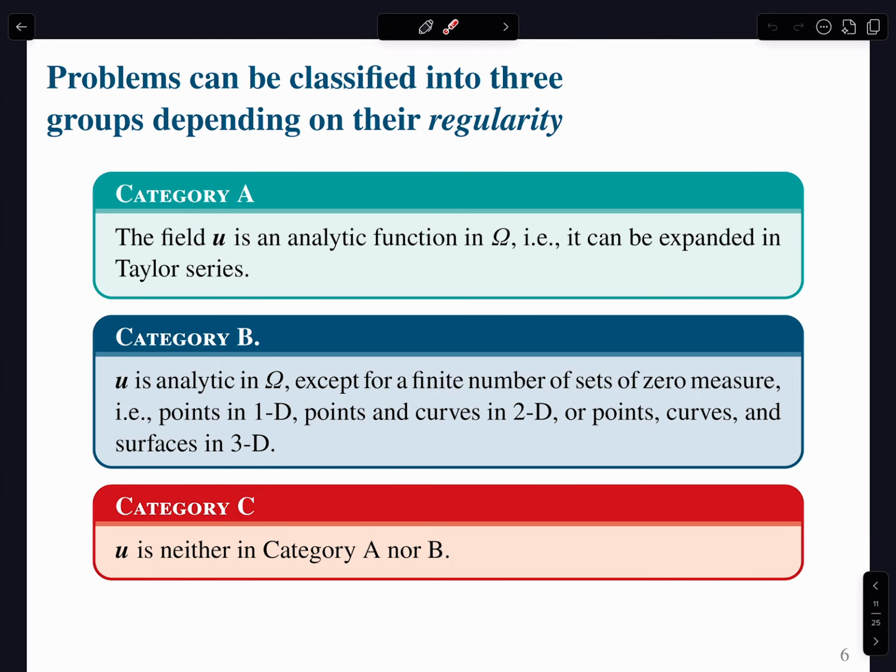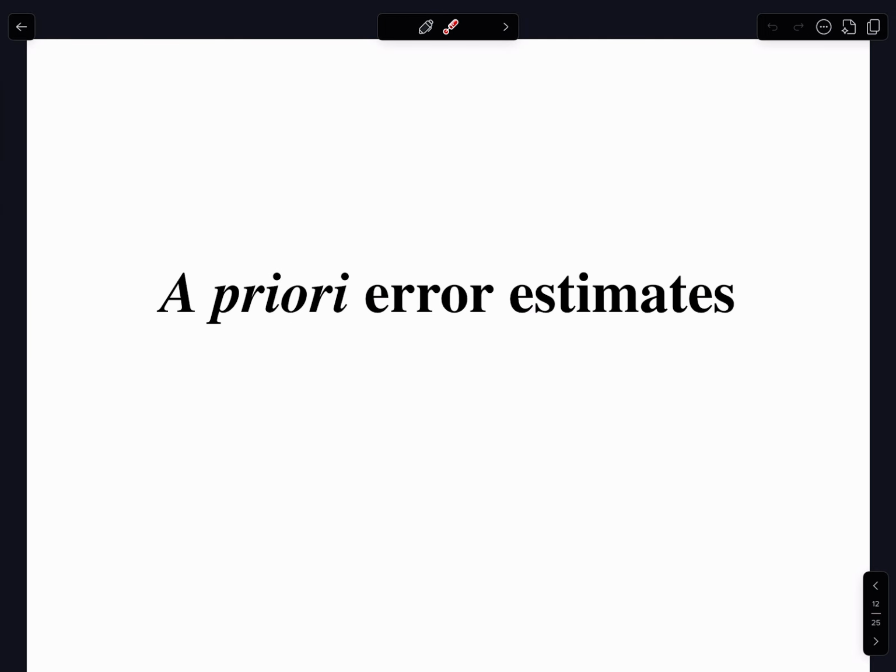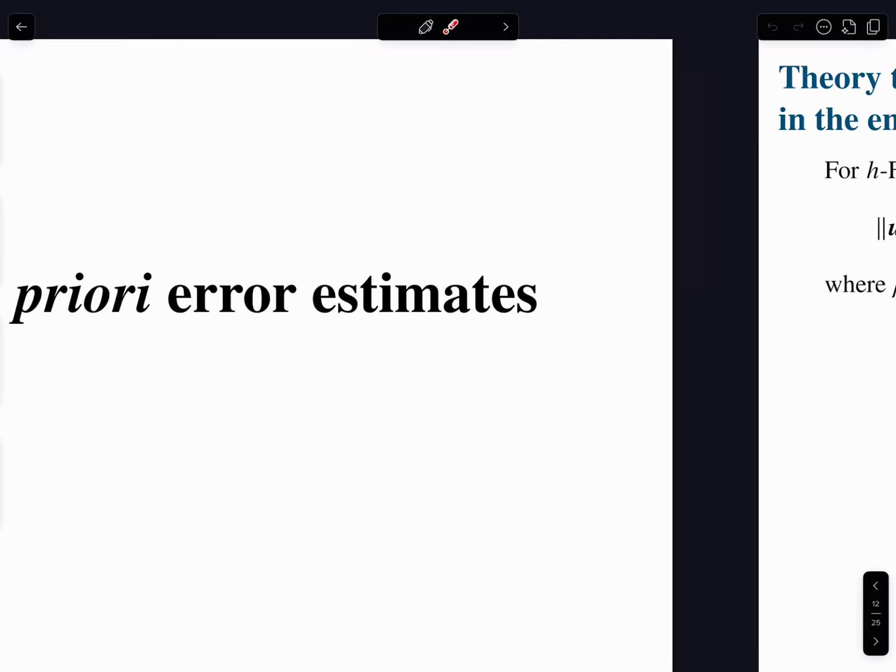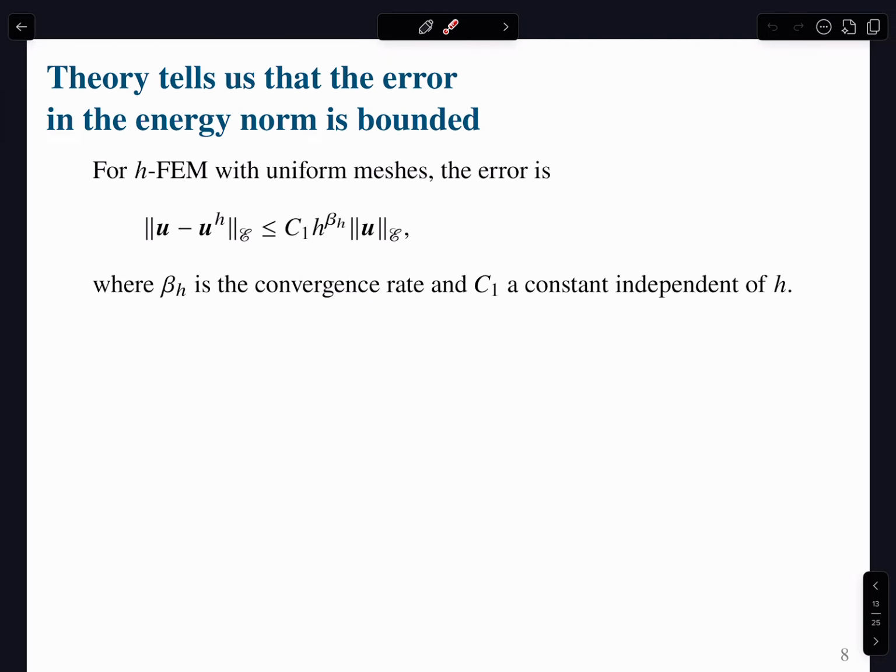Okay, but now that we have these 3 types of categories, let's talk about a priori error estimates, because this is basically what theory is going to tell us, how the h-FEM, p-FEM, and hp-FEM are going to behave for each one of these problems. Okay?